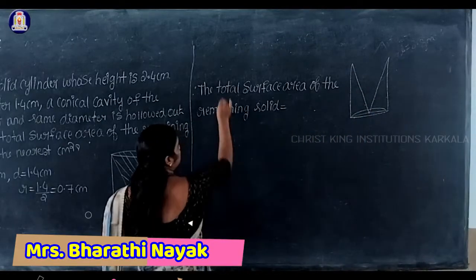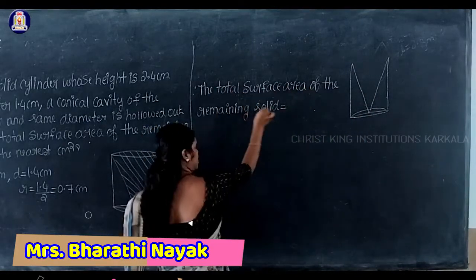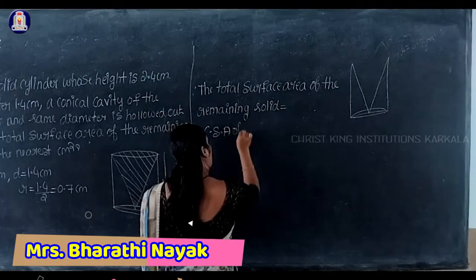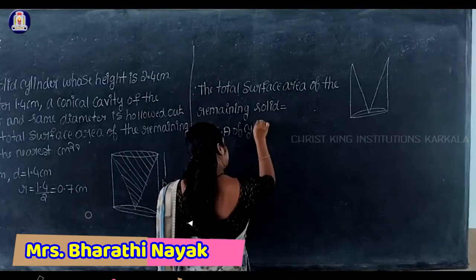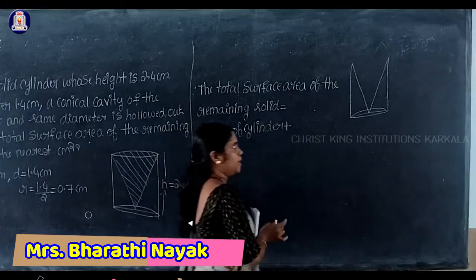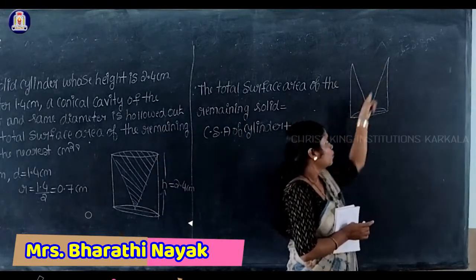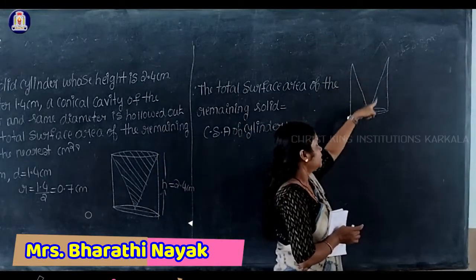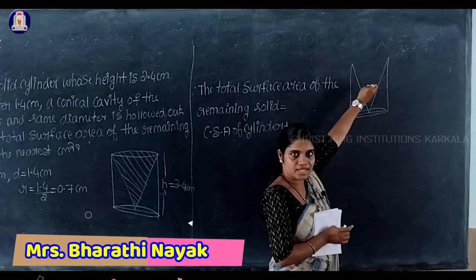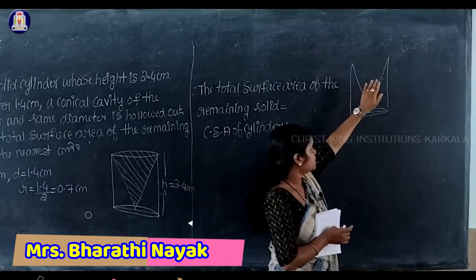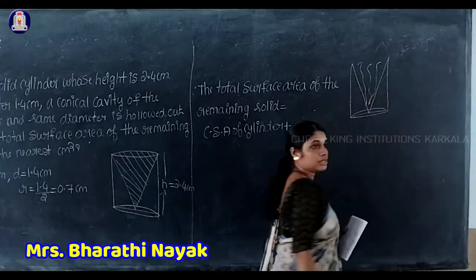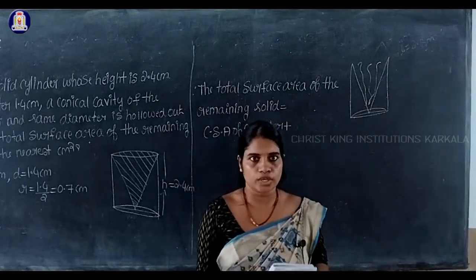So therefore, the total surface area of the remaining solid is equal to CSA of cylinder plus what about this region? It is nothing but CSA of cone. Yes, this region is nothing but CSA of cone, isn't it?